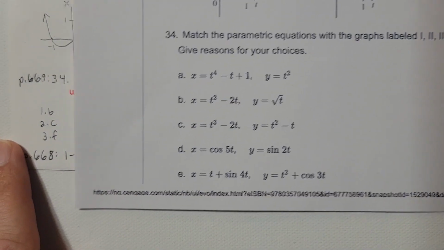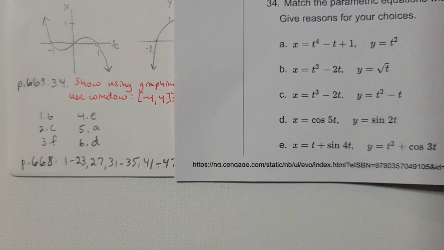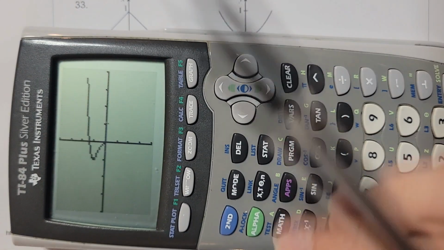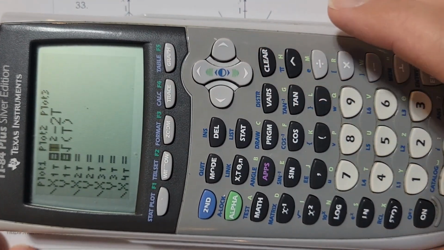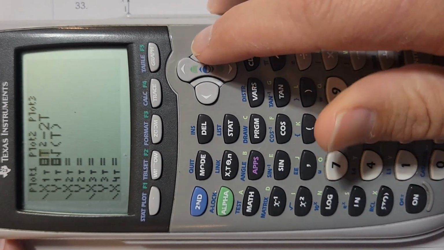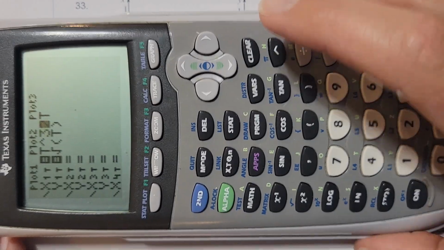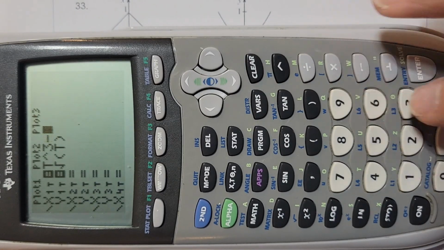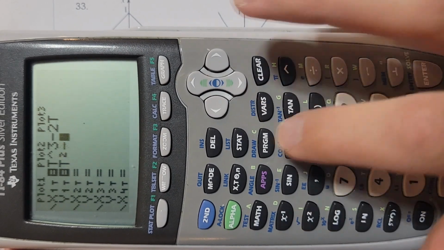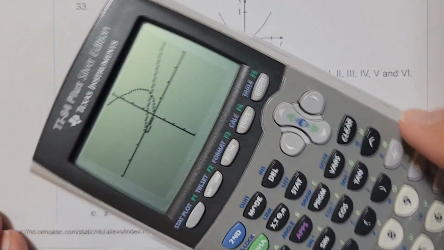Okay, so now I want to know which graph is going to be matched with the next one. So let's go ahead and type in C. We have y equals t cubed minus 2t, and then t squared minus t, and we'll go ahead and graph that.